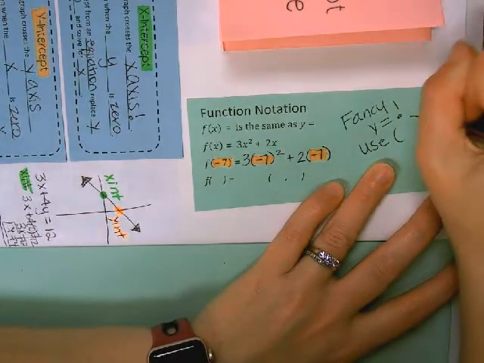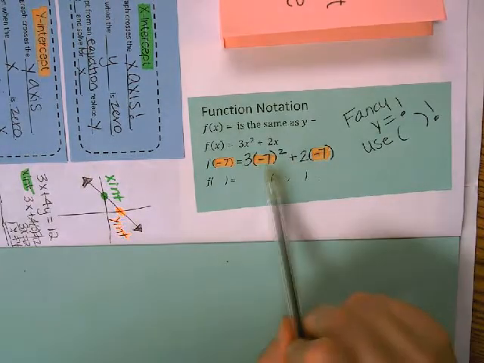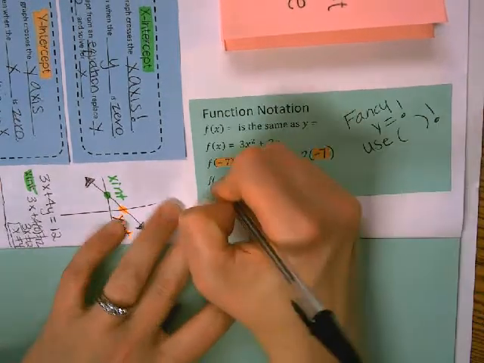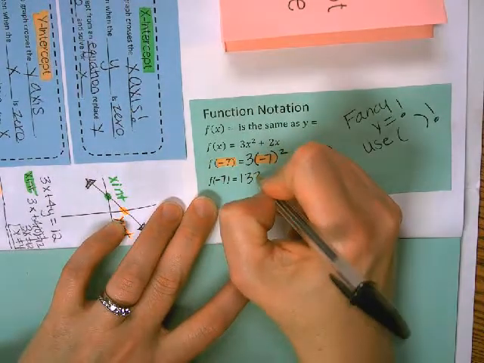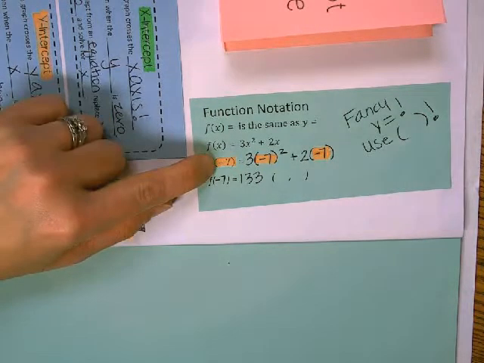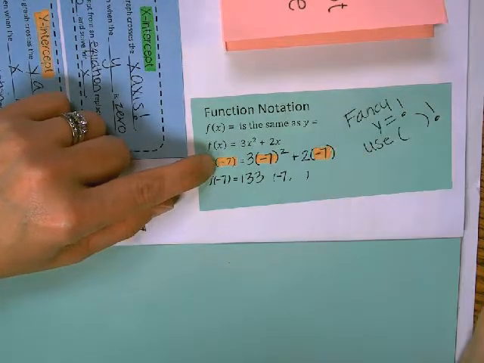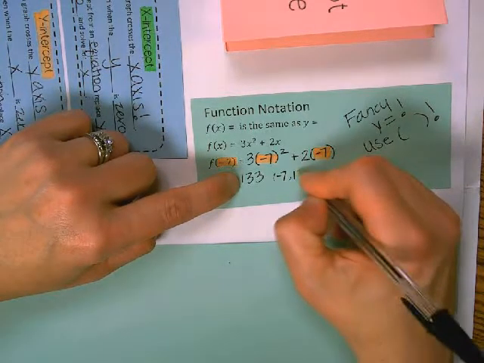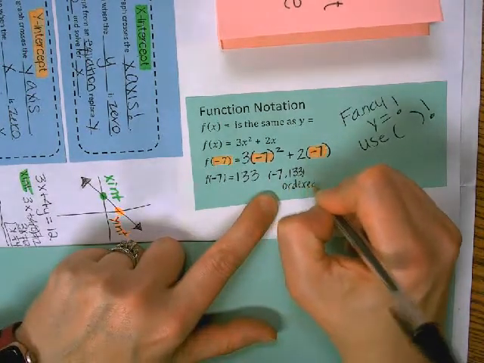Now you just type this on your calculator and you get that f of negative 7 is 133. And you could write it as an ordered pair. The number that's inside the parentheses, that is x, and the number that comes out, that is y. So that's your ordered pair.